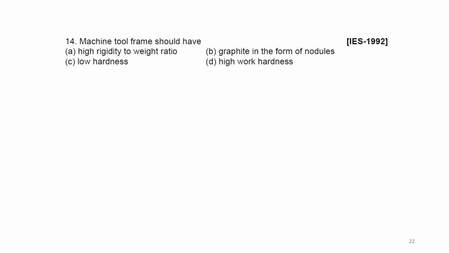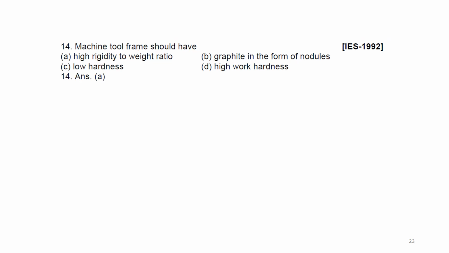Next, machine tool frames should have high rigidity to weight ratio. The options are graphite in the form of nodules, low hardness, high work hardness. Actually A, high rigidity to weight ratio.